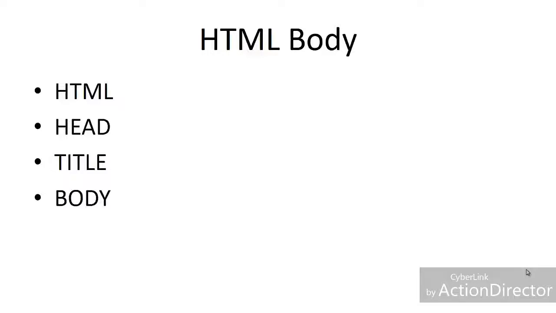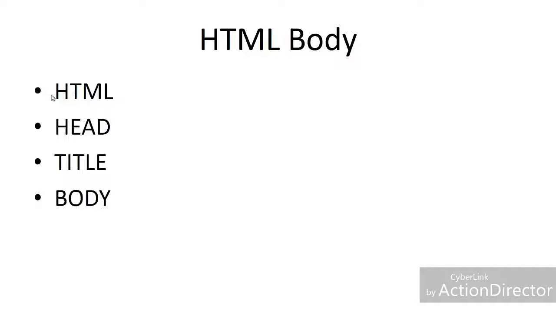Now, before I move on to video number 2, we are going to talk about the basic structure of an HTML body. Whenever you create a new HTML page, at the top you're going to have an HTML tag; think of it as wrapping around everything. Right underneath the HTML, you have the head.